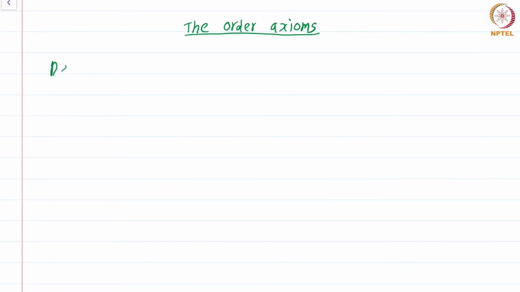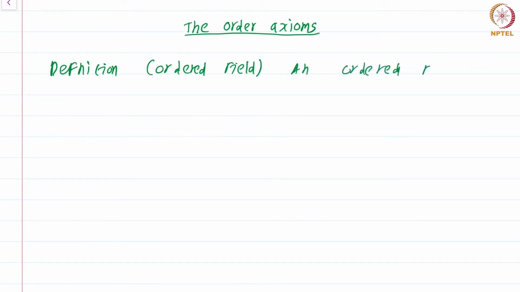Definition, ordered field. So we are going to put an ordering on the field. An ordered field is a field (F, +, ·). Of course I can denote the multiplication by dot.